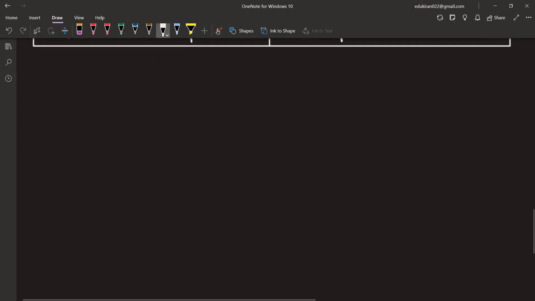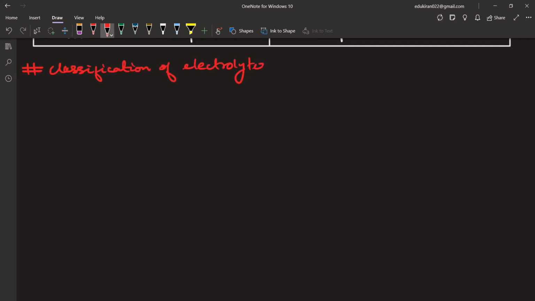So this is just a reminder about the classification of electrolytes. Electrolytes are of two types, strong and weak electrolytes. Please write classification of electrolytes. Electrolytes are of two types.